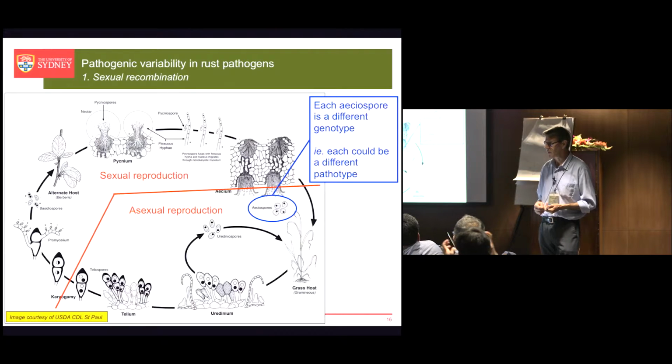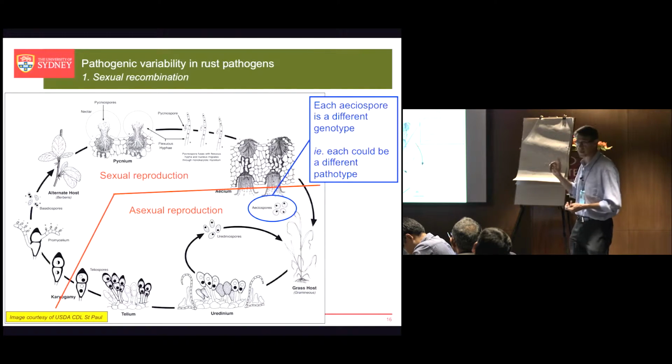Some of that variation might be important because some of those isolates might carry a lot of virulences, but equally a lot of them might carry a lot of avirulences and have absolutely no importance for wheat varieties at all. But this is an important mechanism, even though it doesn't appear to be very common, right? It is an important mechanism for generating genetic variation.